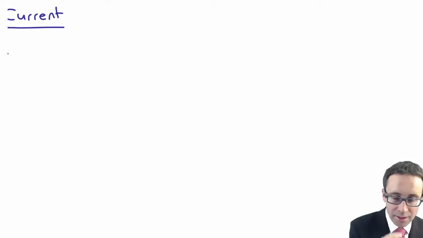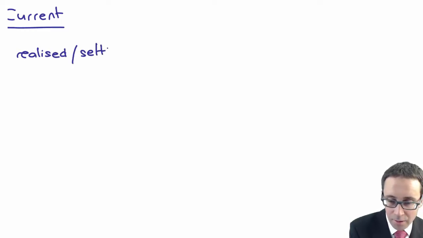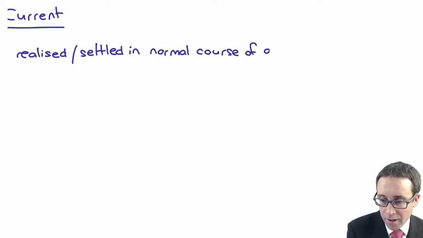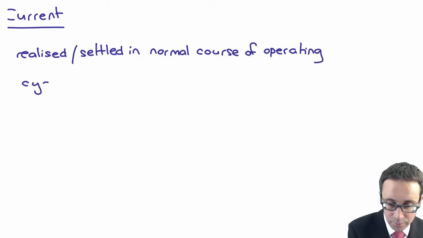So one of the first things is that for a current asset or liability, if it is an asset, it will be realized; if it is a liability, it will be settled in the normal course of the entity's operating cycle.